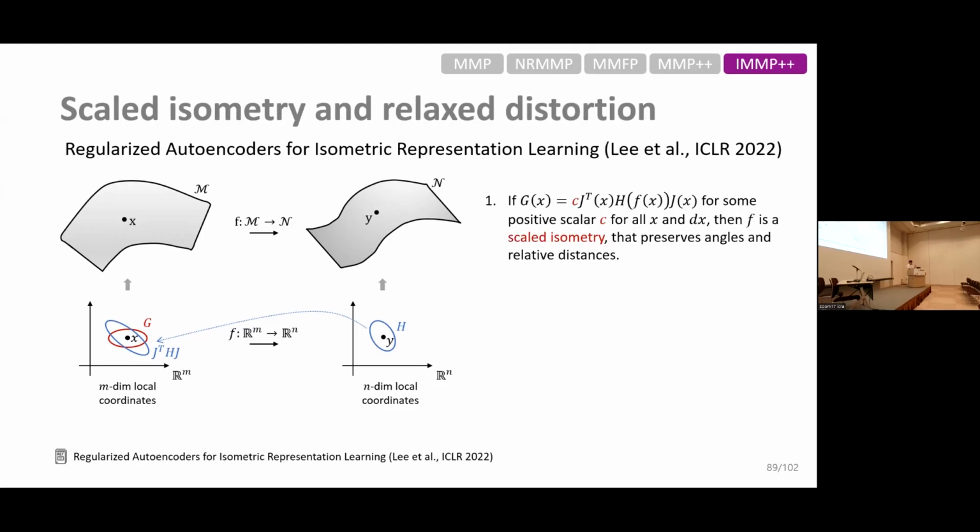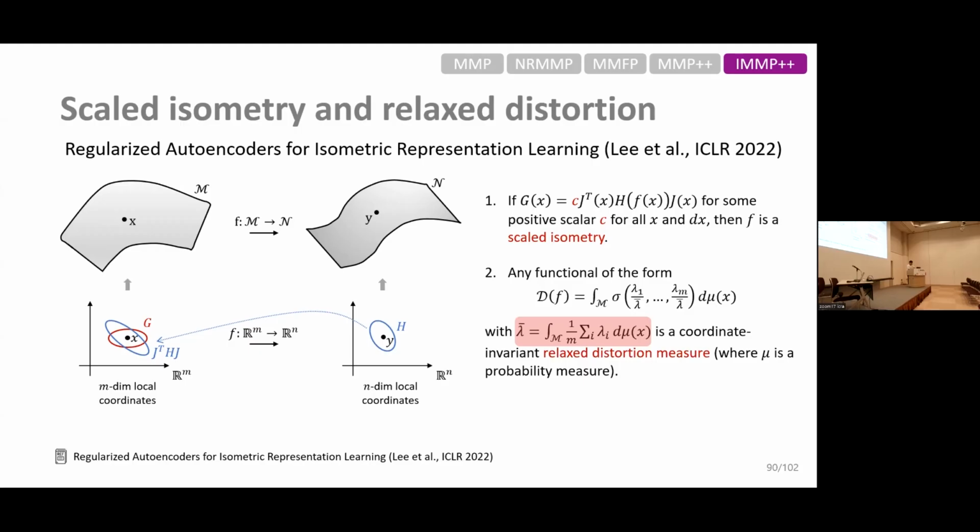One step further, when training an autoencoder, seeking an isometry can sometimes be too stringent. Indeed, it is intuitively sufficient to preserve only relative distances, and thus we define a scaled isometry and a relaxed distortion measure. A scaled isometry is a mapping that preserves angles and relative distances.